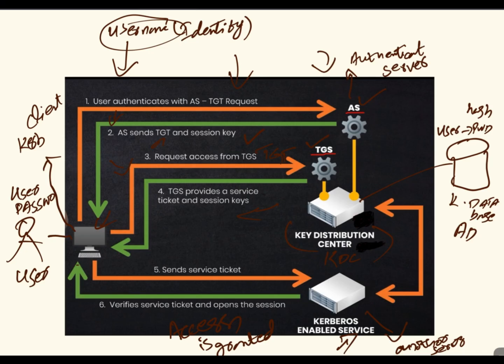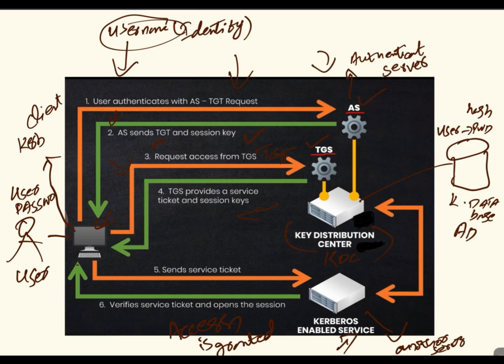Now, if we quickly wrap it up, then user authentication with AS, TGT request, then the authentication server sends TGT and session key, right? But the password is never sent over the network.